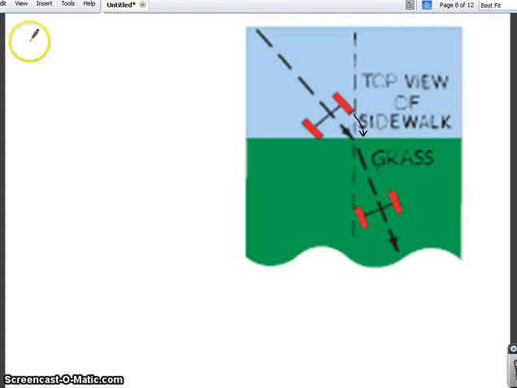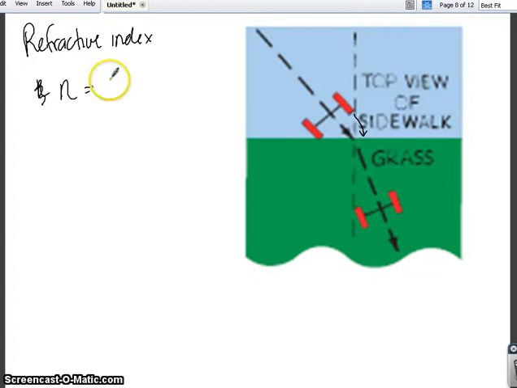With refraction, we have something called a refractive index, and we define that as n. This refractive index equals the speed of light in a vacuum, or c, over the velocity in the medium.